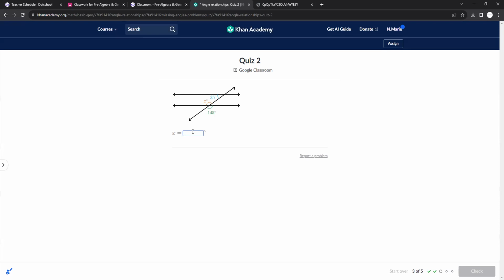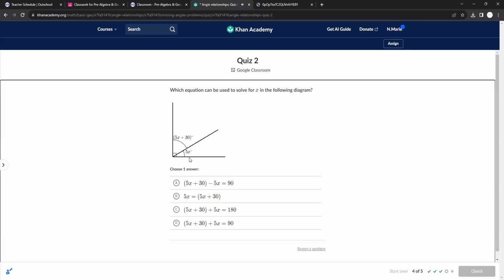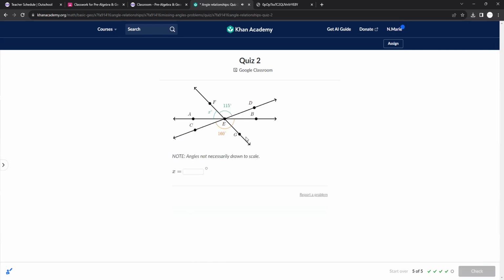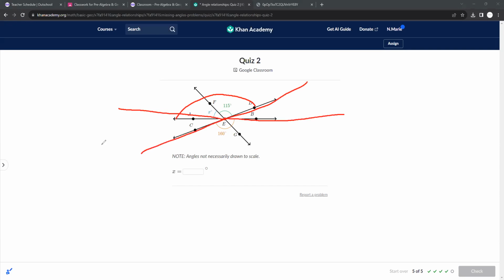Once you learn the relationships, finding missing angles is very simple. Here, these are across from each other. They are vertical. They are the same. These together, you see the box, they make 90 degrees. Okay, so these are vertical angles, right? And sometimes you have to train your eye in geometry to see what you're looking at. So this angle here, sorry, I drew that kind of crooked, is vertical to this one here.